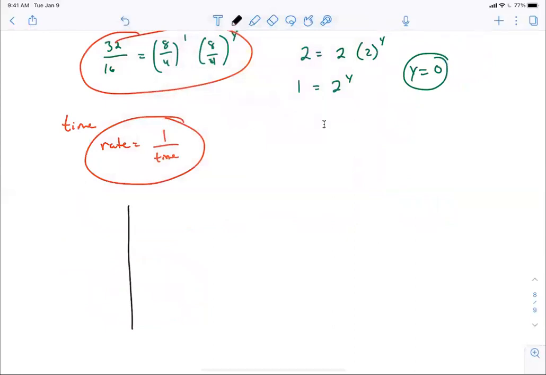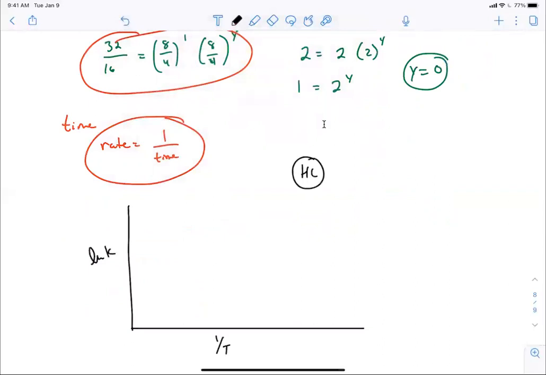Next thing for higher level: natural log of K versus 1 over temperature. Understand that this will always generate a negative sloped line, where the slope is equal to negative EA over R. So the negatives will cancel out in this scenario, but understand that they both have negatives and that's why they cancel out, not because they're both positive.